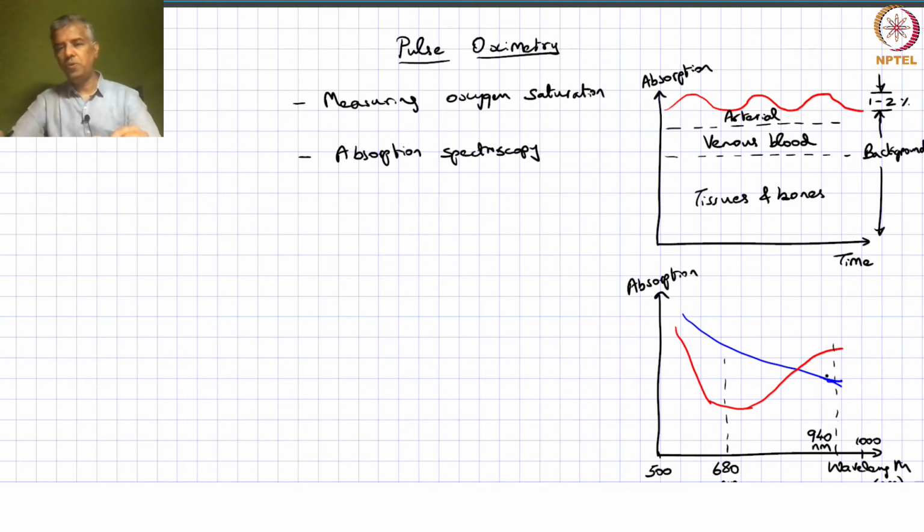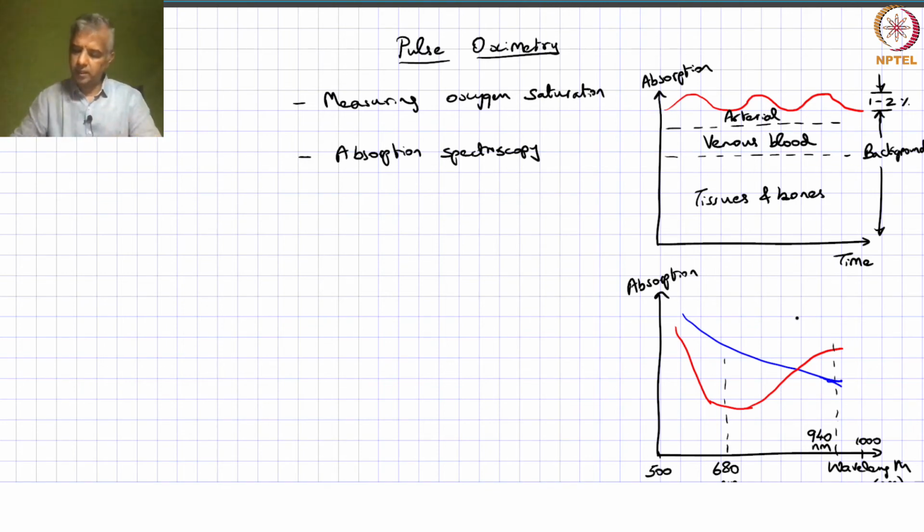Okay. So you do a measurement at two different wavelengths, where at one wavelength the non-oxygenated hemoglobin absorbs more. So that is the red color. And at another wavelength the oxygenated hemoglobin absorbs more.